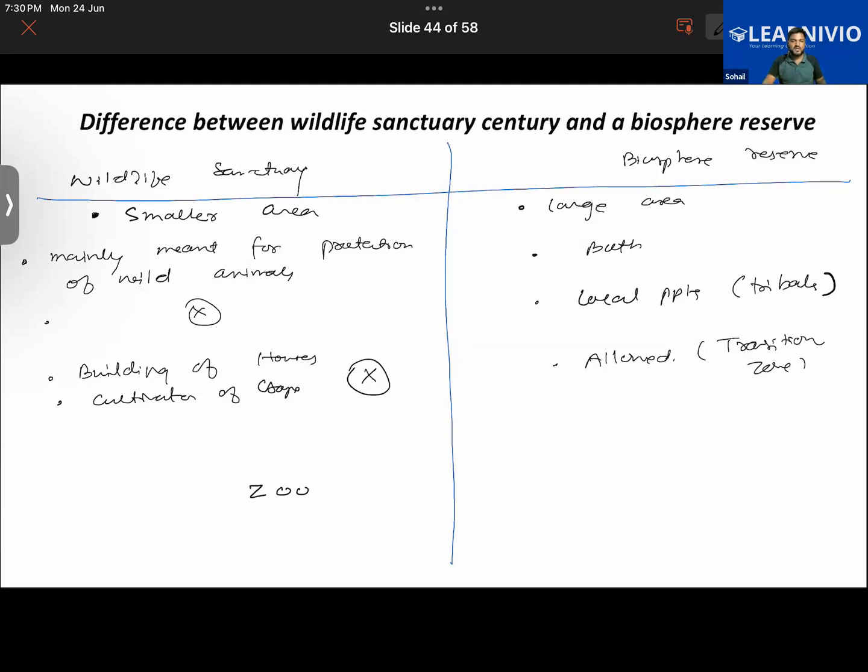But if the animals are not being well taken care of, then that is unethical. Getting it now?